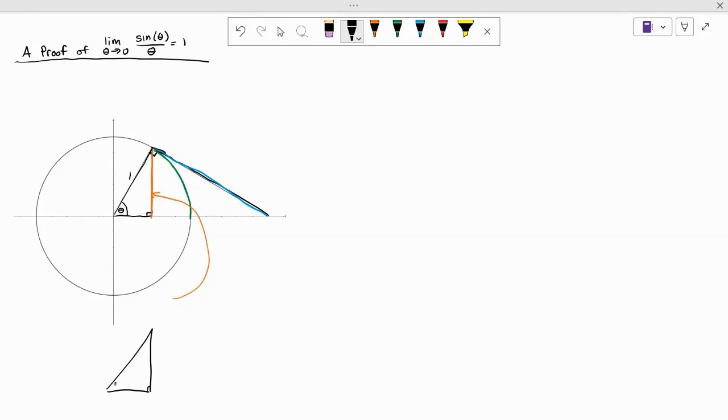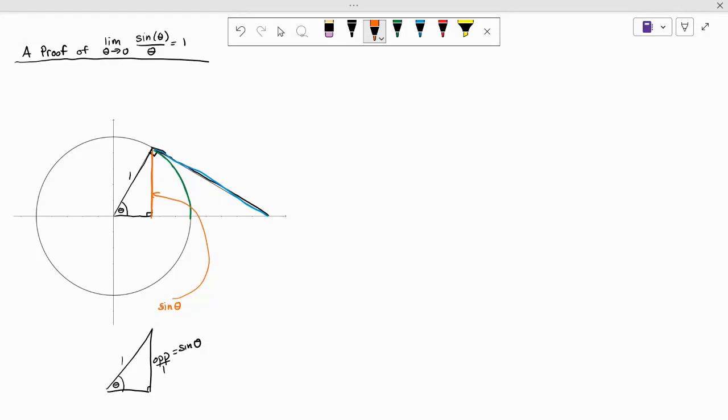Well, this is a right triangle with radius 1, or hypotenuse 1, and we're looking at the opposite side relative to this angle. So the sine will do the job. Sine of theta is the opposite side divided by the hypotenuse, which happens to be 1. So the opposite side is just given by sine of theta.